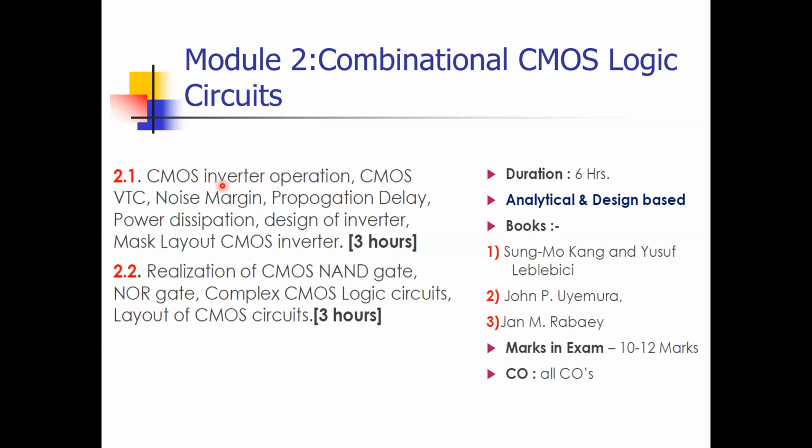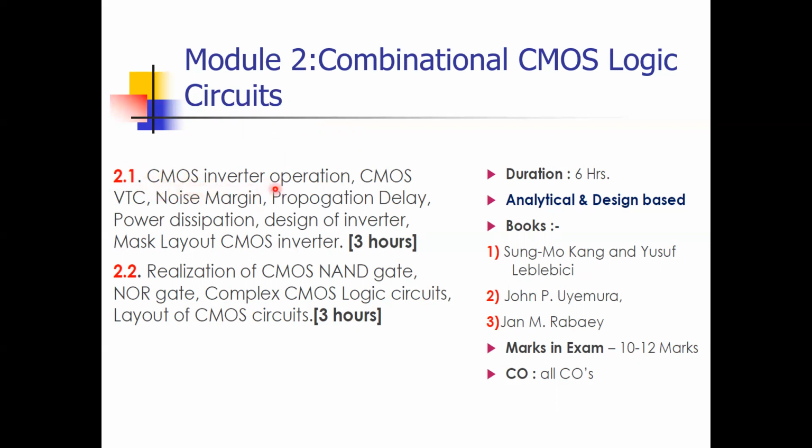So here we will learn from the MOSFET point of view. If you learn the MOSFET, there is NMOS, PMOS and CMOS. NMOS and PMOS are N channel and P channel, but CMOS is complementary MOS, a combination of NMOS and PMOS.